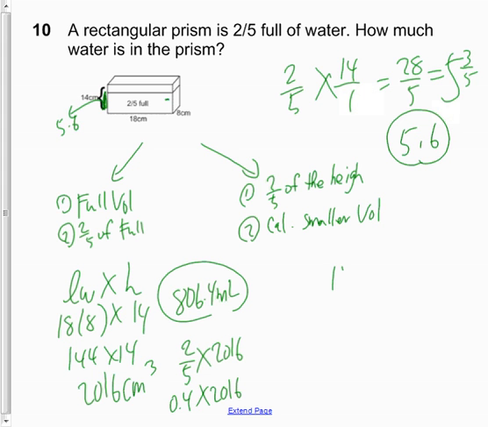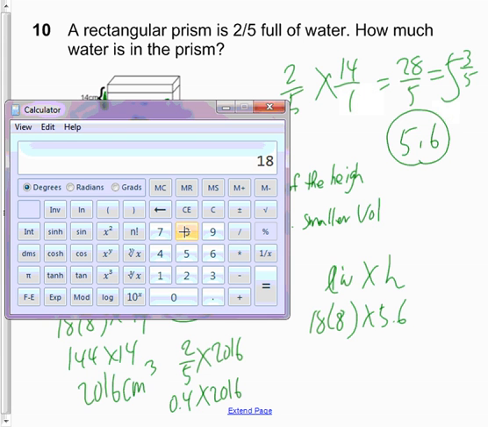Then if I go length times width times height, instead of using the full height, I'll use the 2/5 height. 18 times 8 times 5.6, if I take my calculator, equals the same answer I got before, 806.4 milliliters of water are inside there.